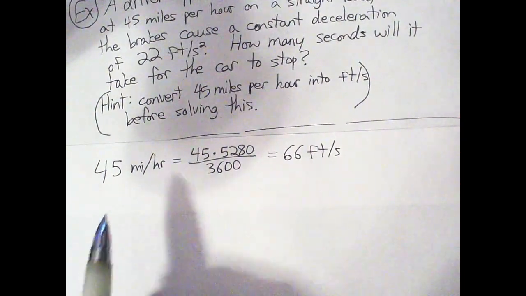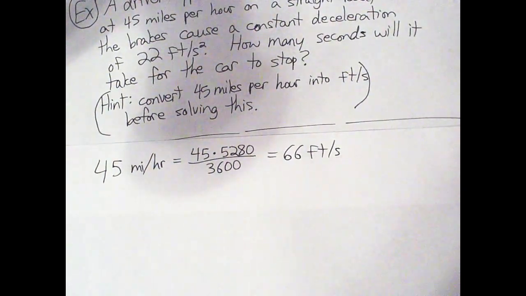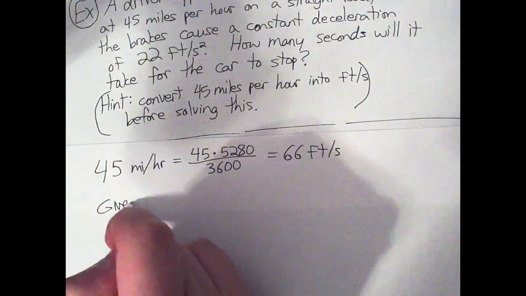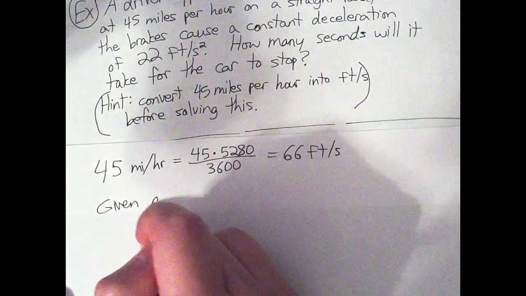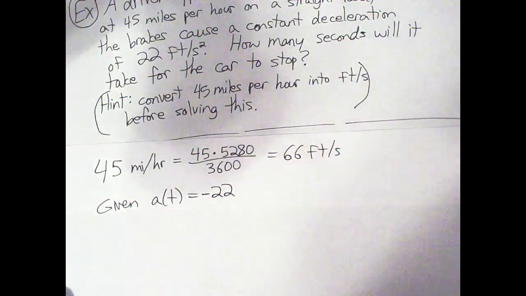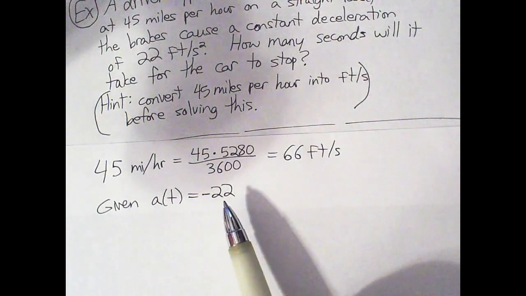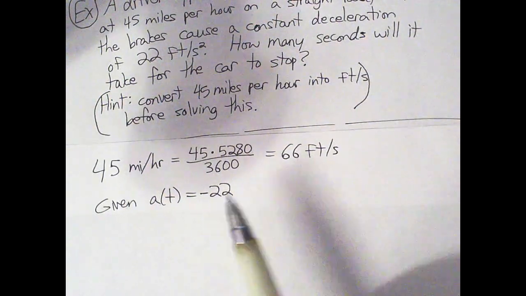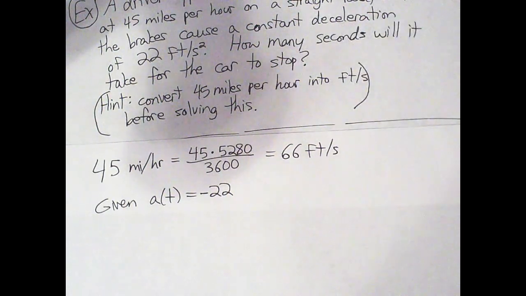So now when we work with the 45 miles per hour, I'm going to work with it as 66. I'm going to say that we were given that the acceleration function is negative 22. In the previous problem, we had an acceleration function of negative 32, like a package falling due to gravity. I'm using negative here because it says deceleration.